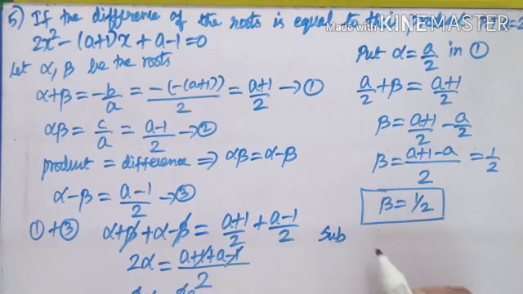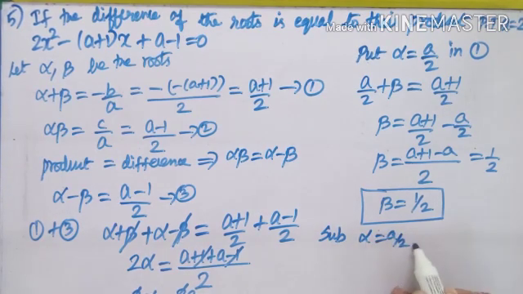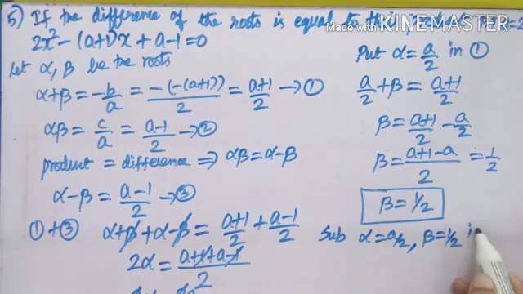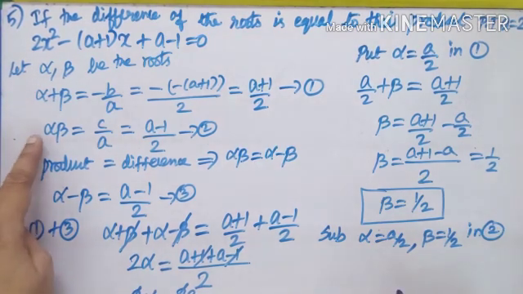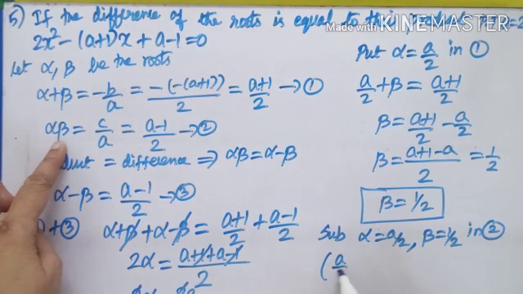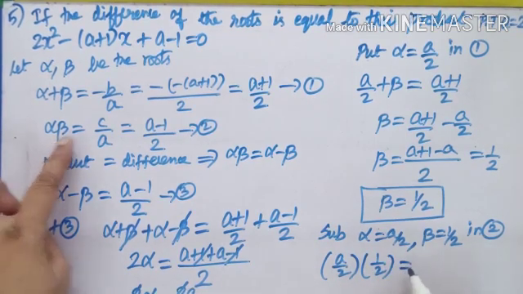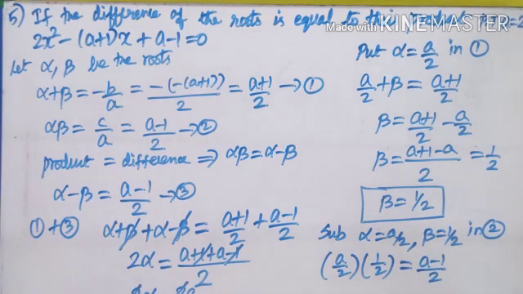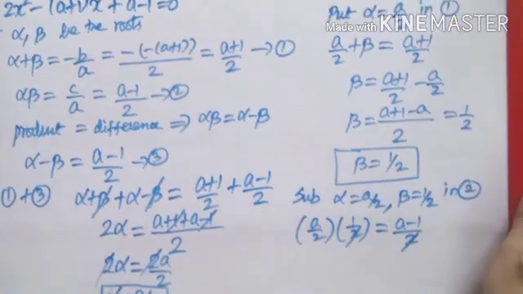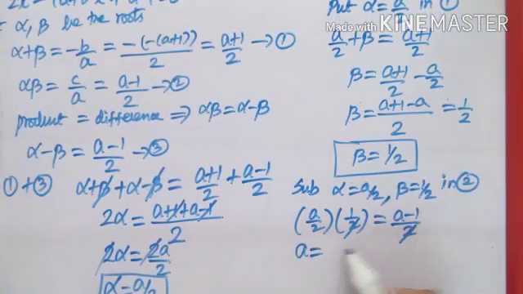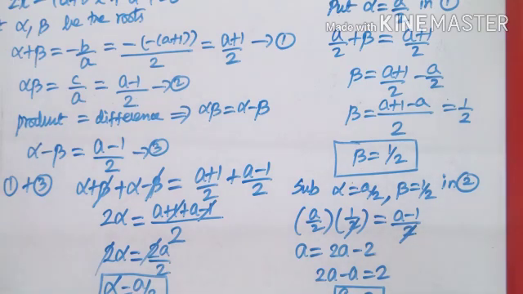So substitute alpha equals a by 2, beta equals 1 by 2 in second equation. Alpha into beta, a by 2 into 1 by 2 equals a minus 1 by 2. 2 we can cancel, cross multiply. I get a equals, cross multiplying, 2a minus 2. Bringing to the same side, 2a minus a equals 2. Or I get a value is 2 and that is the question.